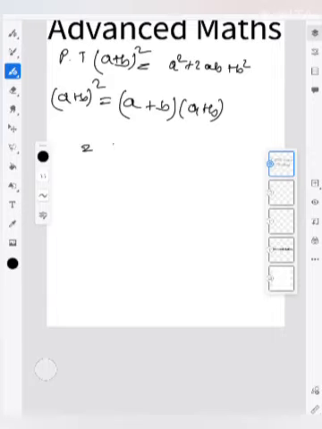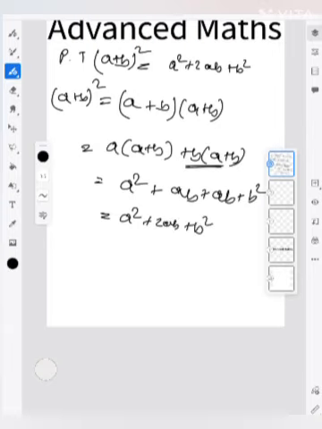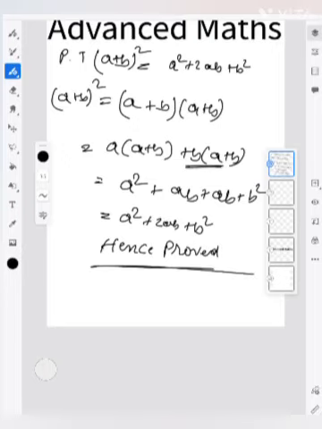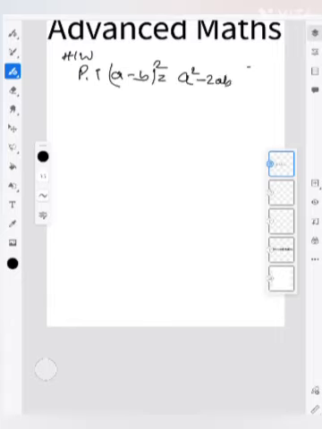It is needed. When it is like this, we can do a plus b, then a plus b: a square plus ab, and let this order be the same, ab plus b square, a square plus 2ab plus b square. Hence proved. Right, now your homework is to prove that a minus b whole square is equal to a square minus 2ab plus b square.